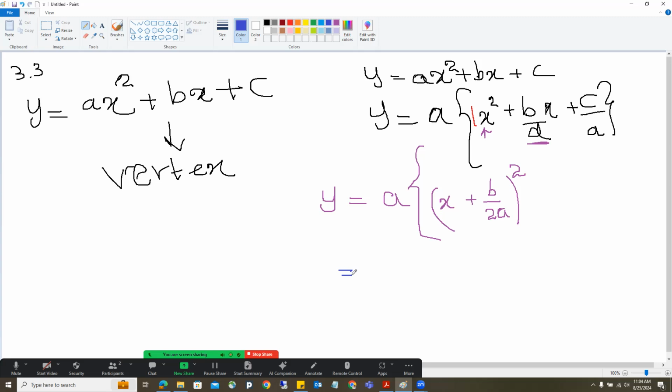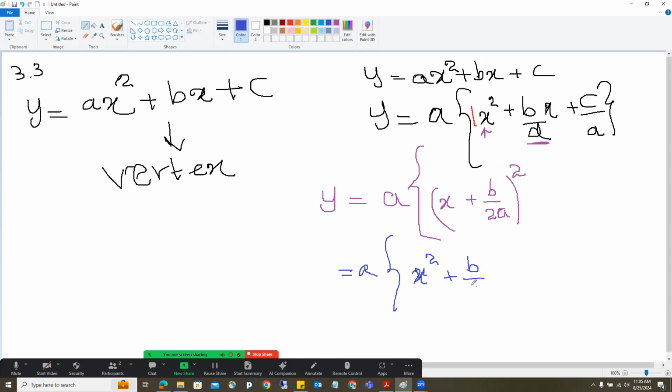Now what I'm going to do is remove the brackets and simplify. You can see that I received x squared plus b over 2a times 1, and again we need to multiply it by 2, no?